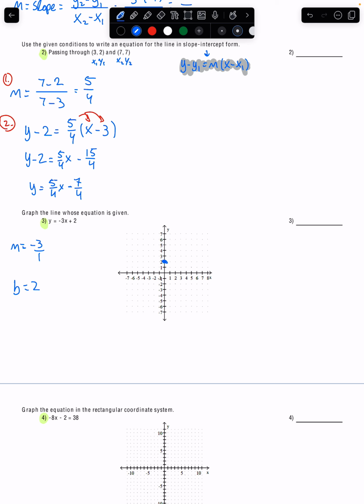We can plug in some more points, but what's going to be even easier is just using the slope, since we know it's going to go over to like this. So for every 1 point in the x direction, we're moving -3.